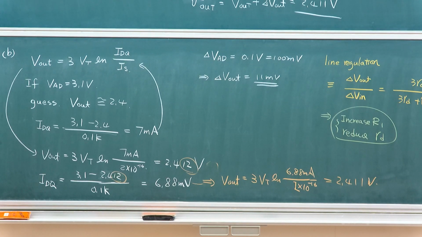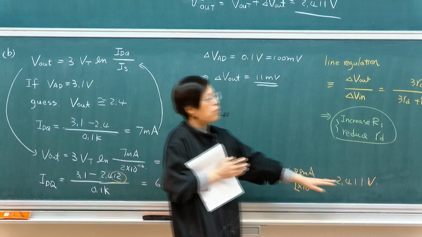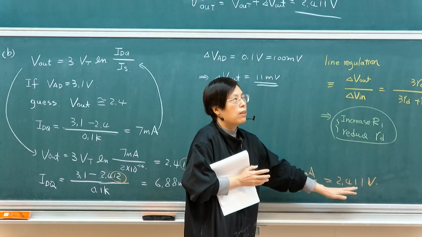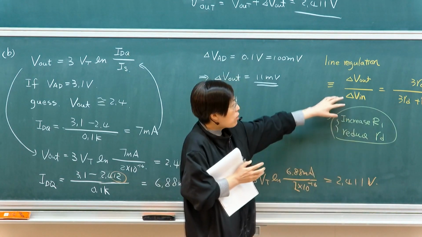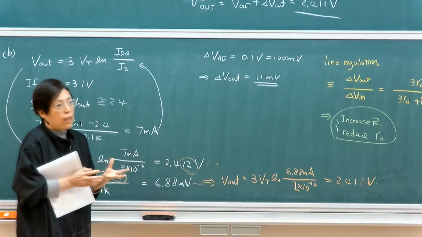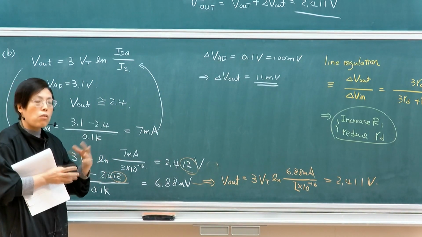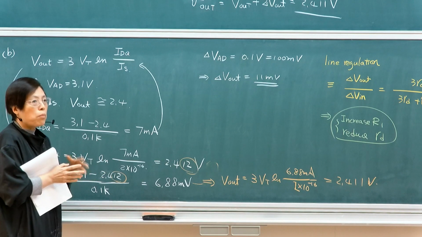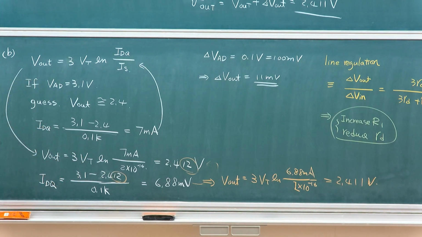But aside from the answer itself, like the 2.411 voltage, this is not the key parameter. These are the key parameters as to how you adjust your circuit. If you find out that it's not desirable, what directions allow you to change it to move towards the direction as planned, as targeted? Okay? So I think that's a very important concept for you to understand.